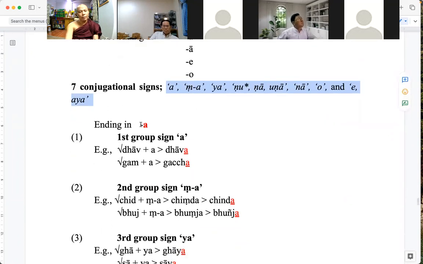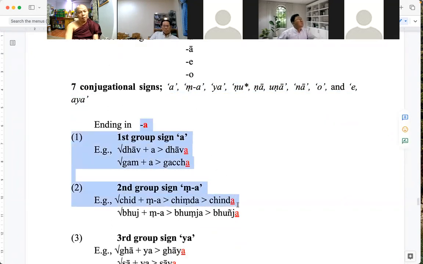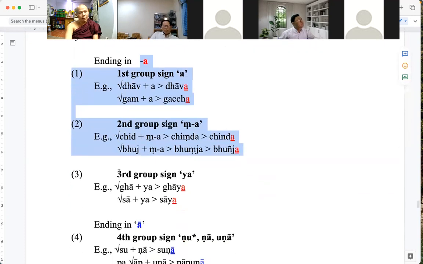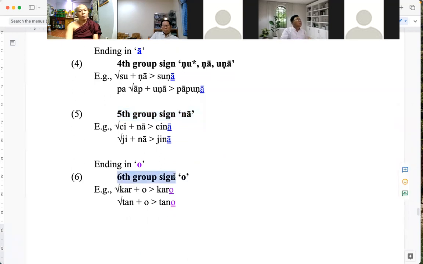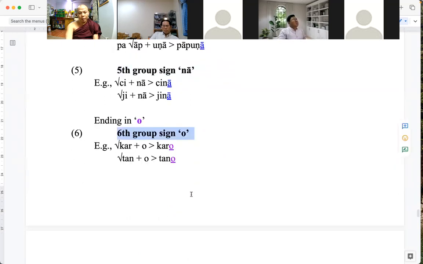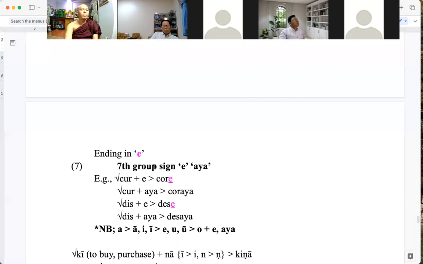Now A ending represents the first group sign, R the second group sign, and then the fourth group sign. R ending stands for the group sign Nu, Na, Una and then fifth group sign Na. And the O ending for the sixth group sign O. And then E ending for the seventh group sign A. Completely we need to understand. So it can cover the whole seven group signs in Pali.